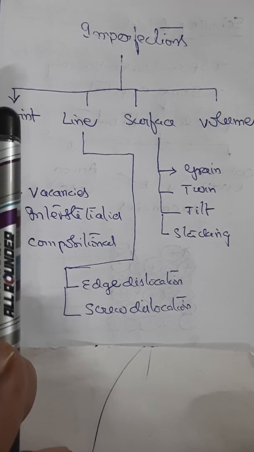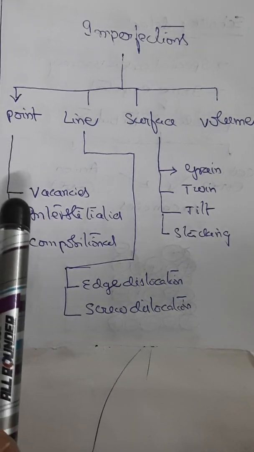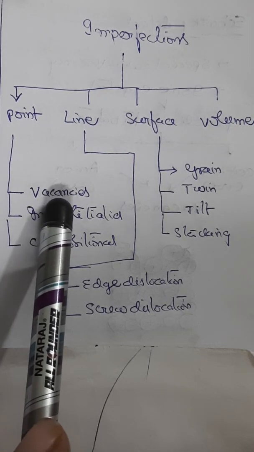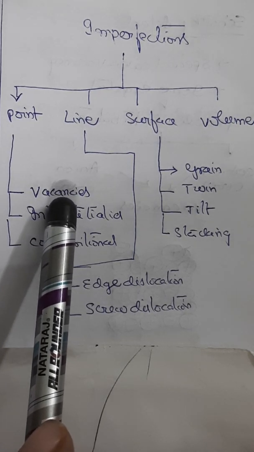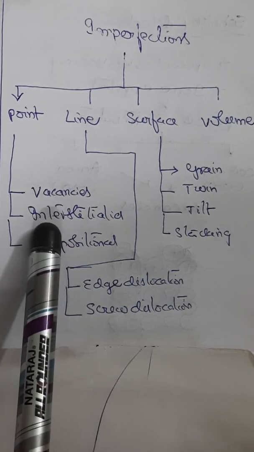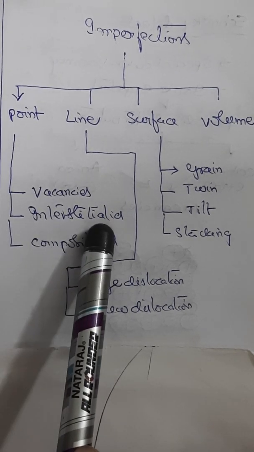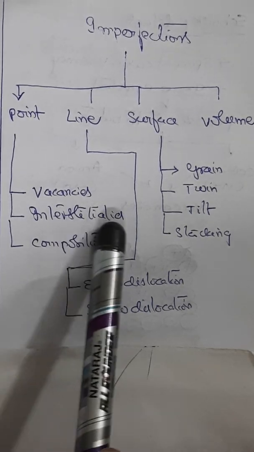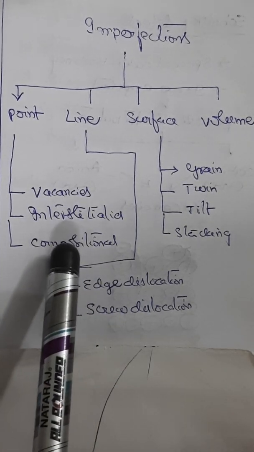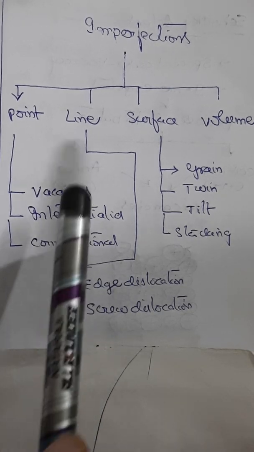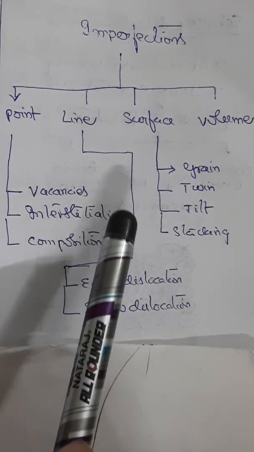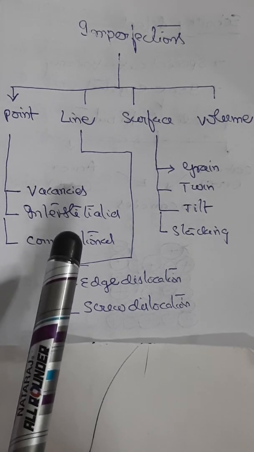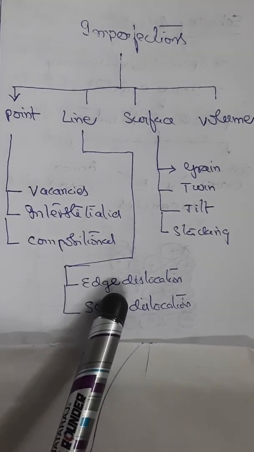Under point defects you have vacancies, the popularly known Schottky defect, interstitials, the Frenkel defect, and compositional defects. When you look at line defects, there are basically two categories: one is called edge dislocation, another is screw dislocation.